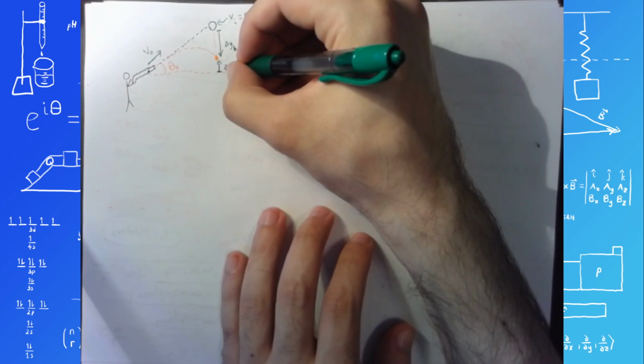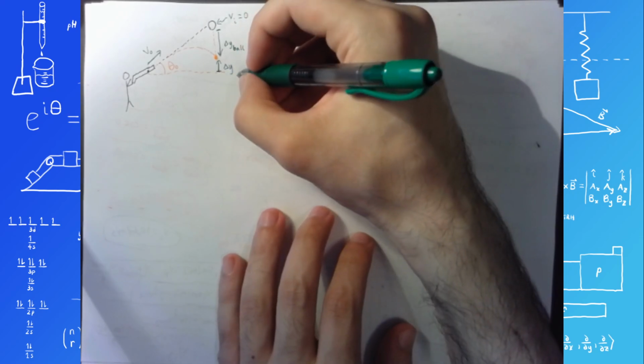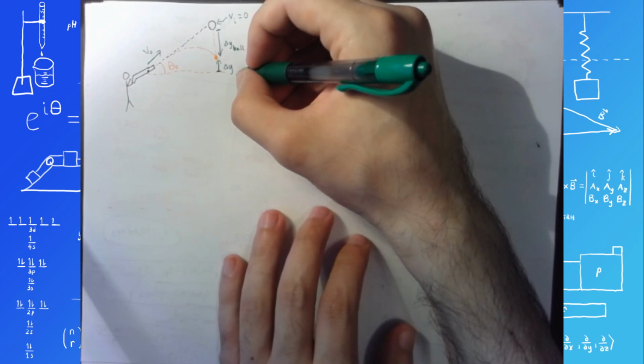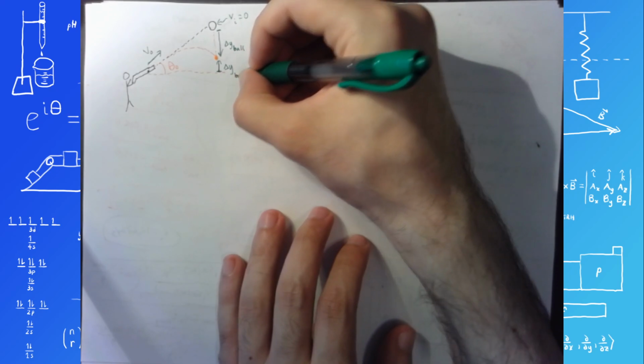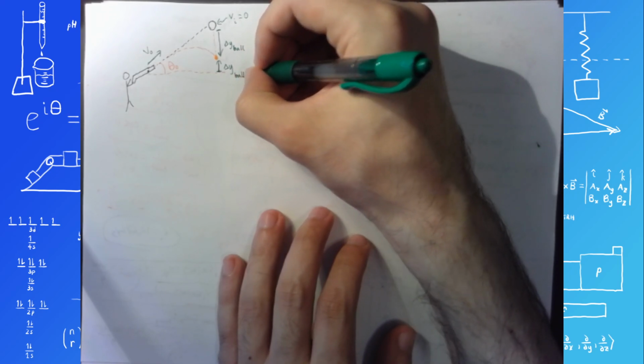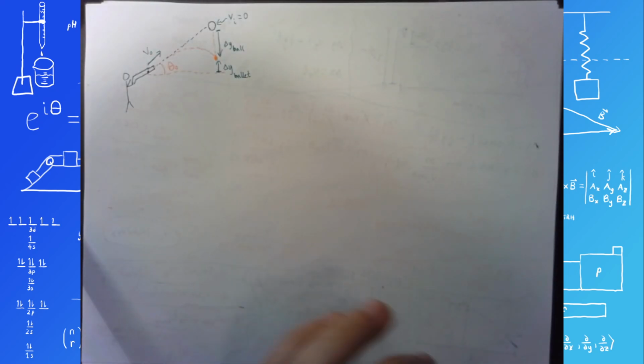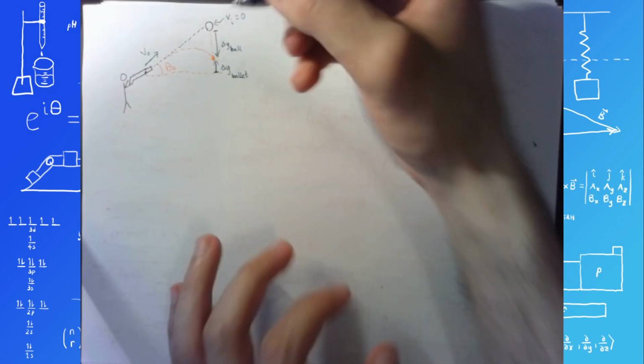I'll call it delta y bullet. I feel like it's too long of a word to keep writing over and over again, but I'll deal with it. So delta y ball and delta y bullet. We need to show that they both end up in the same position. We need to show that this height is the same.